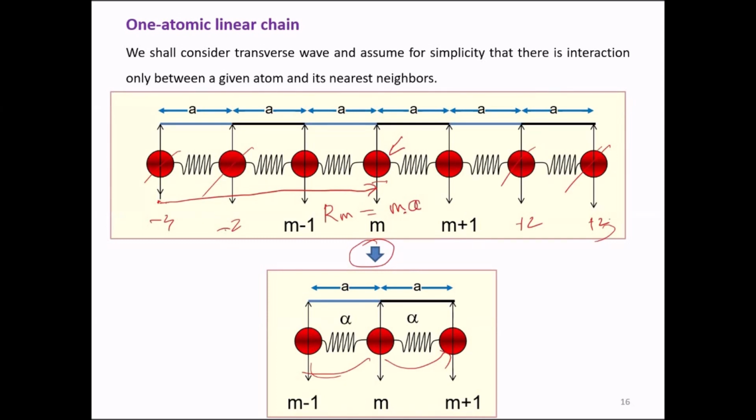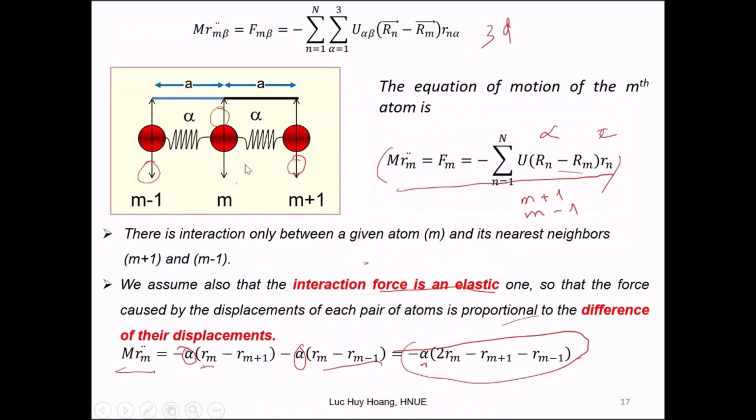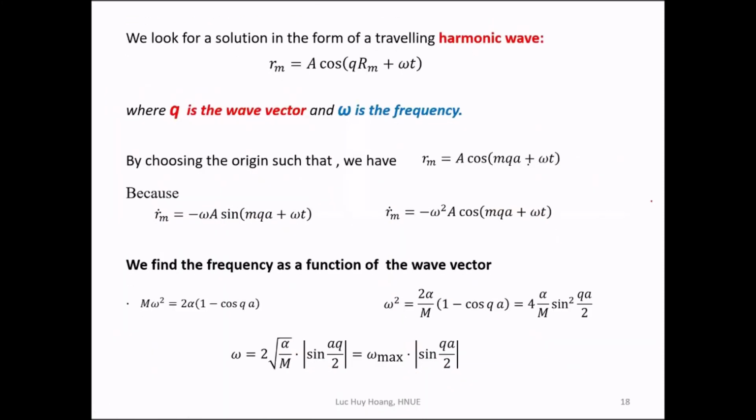If we take the node of the vector there, okay, so it's easy to have Rm here. It's Ma. So we have the form of Rm like A cosine of MQa minus omega t.